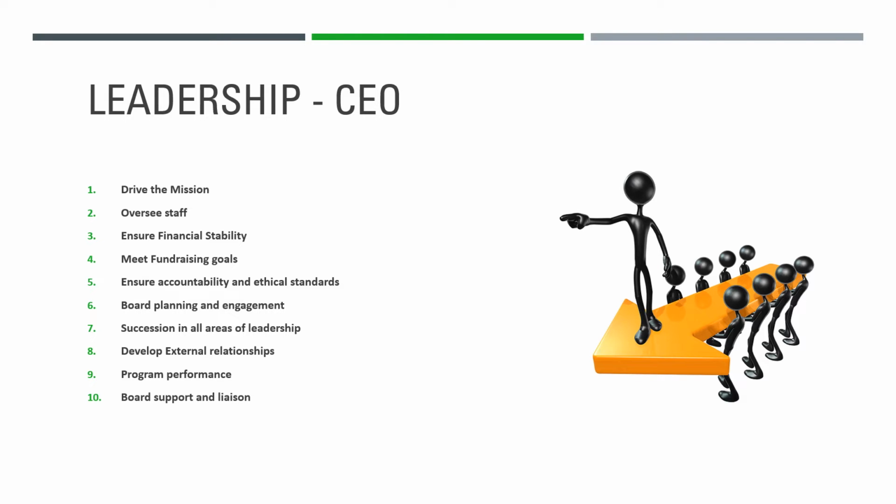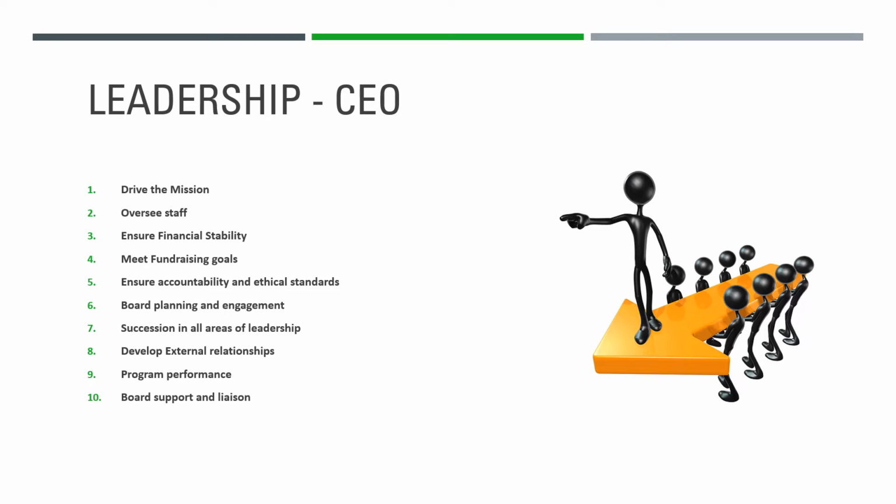Program performance: the CEO should be aware of how you meet certain objectives and goals and should be driving that to make sure the nonprofit performs as it's stated in all of its documentation and its vision.